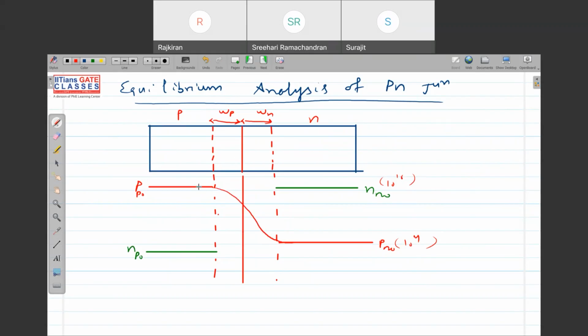If it decreased abruptly, the diffusion current, which is proportional to dp by dx, would be infinite. Similarly, in the N side also, NN0 will go to NP0 in a gradual manner.